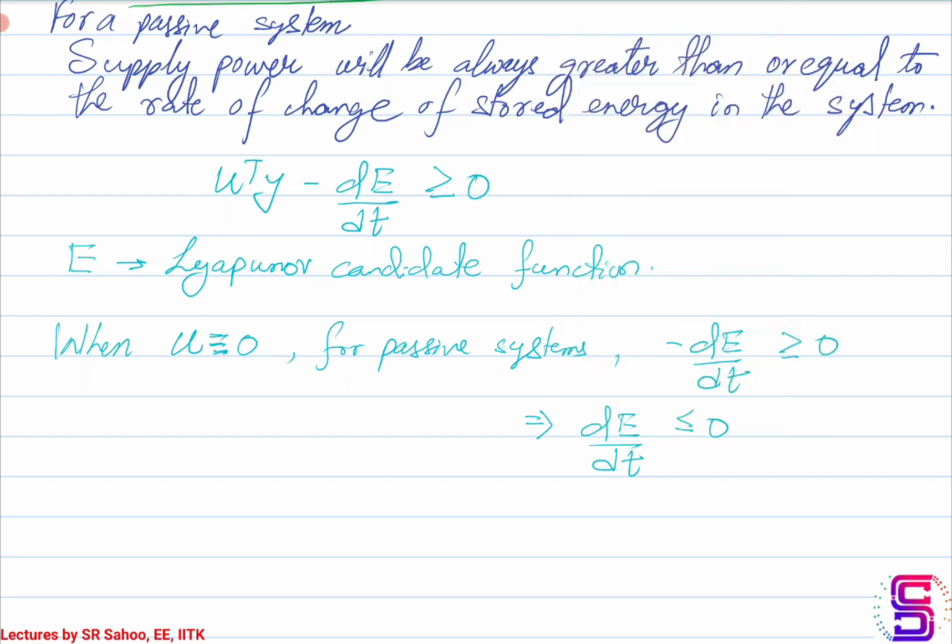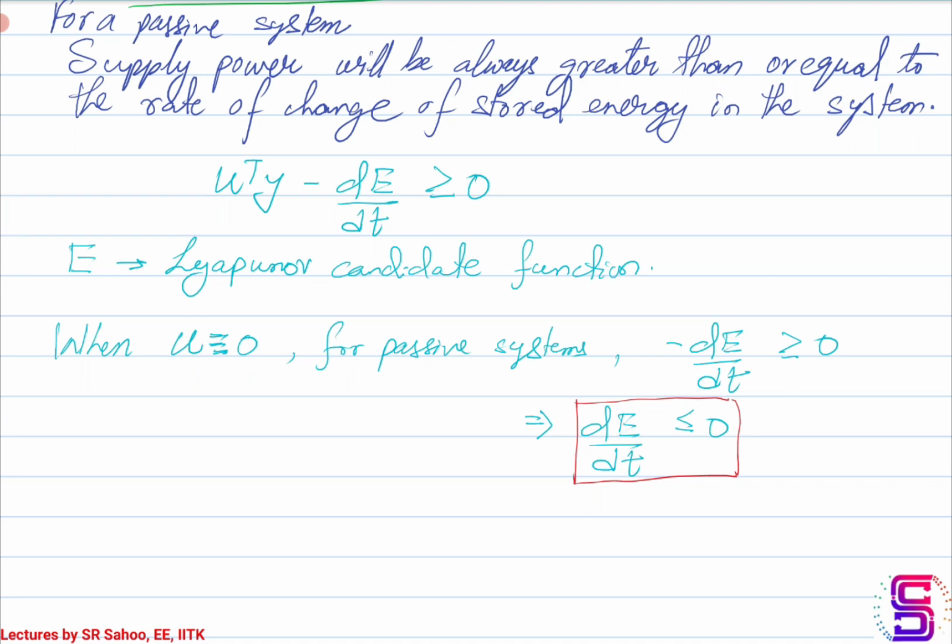And this is a very important thing. Why? Because for a passive system, E qualifies as a Lyapunov candidate function, and in the absence of the input, if the system evolves on its own, it evolves autonomously, then what you see is dE by dt is negative semi-definite. So for E being a Lyapunov candidate function, dE by dt being negative semi-definite for the system, it indicates what? It indicates that the system under consideration is stable.